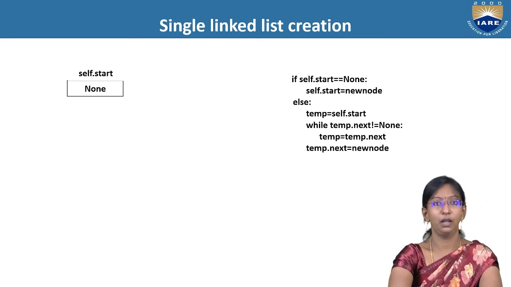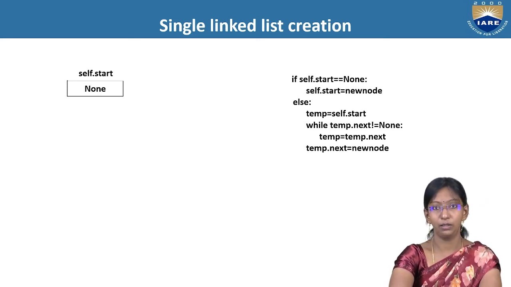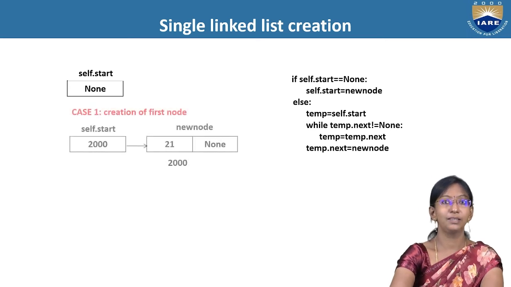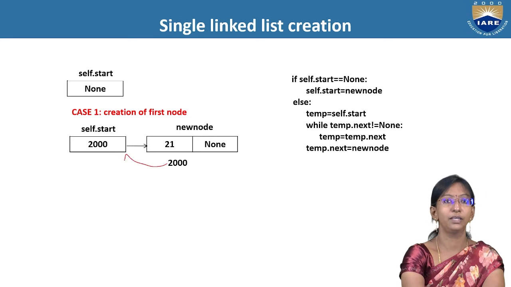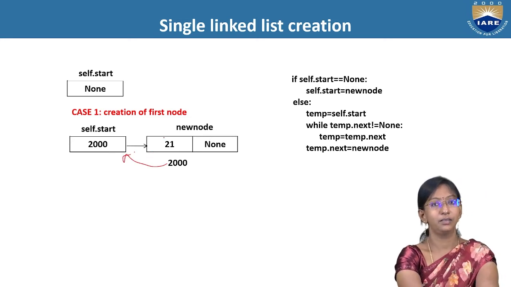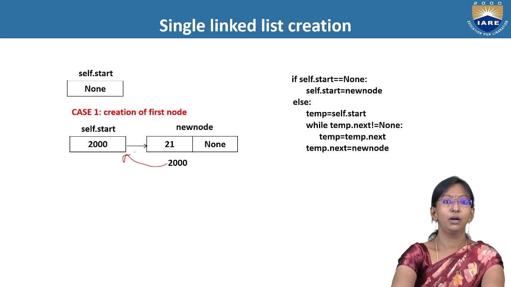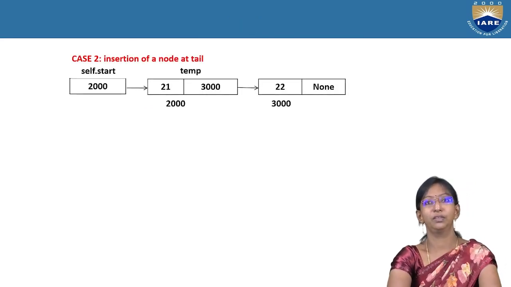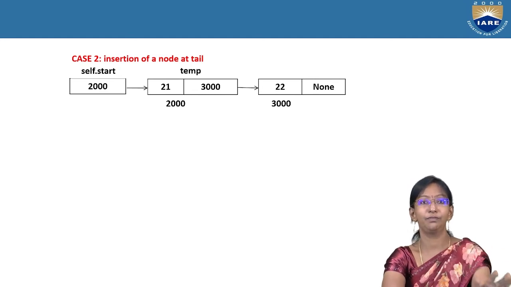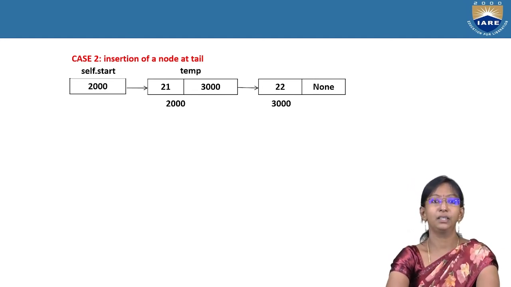The case one, a case where my start is filled with None. There is no element in it. So as soon as I create a node, I store its address in start, saying that start points to the new node as the first node, right? So what if it has a handful of elements? Say two elements are there. I have to append the new node as the last.